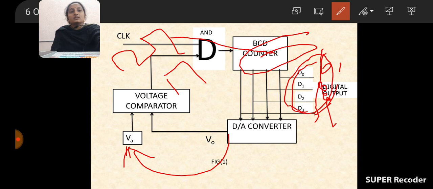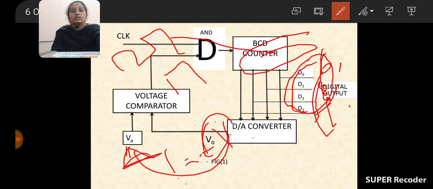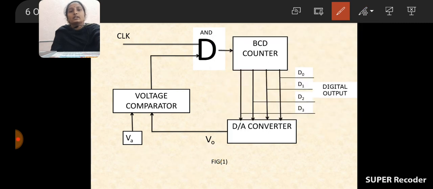Now our D2A converter will convert this value into analog voltage. This analog voltage is compared with VA and the comparator will produce a pulse. If VA is greater than V0 only, the comparator will provide a high level pulse. If VA is less than V0, the comparator will provide a low level pulse.